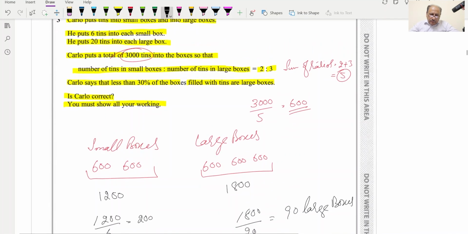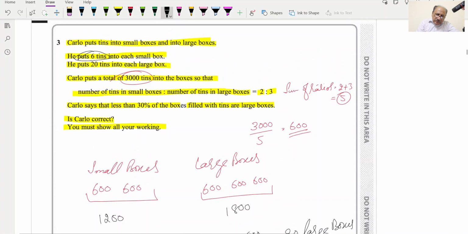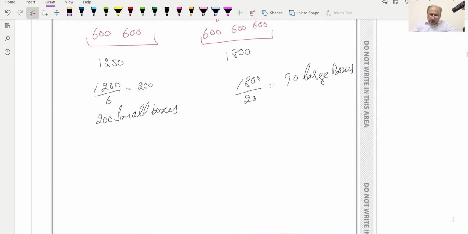This is because one type contains 6 tins and the other contains 20 tins, so that's why we are dividing by 6 and 20.